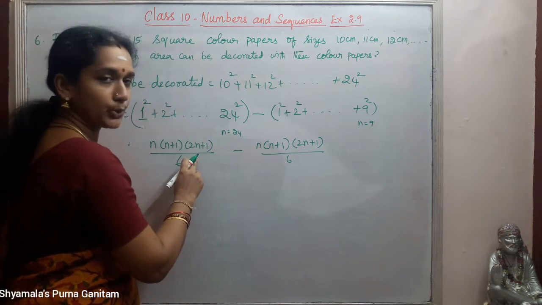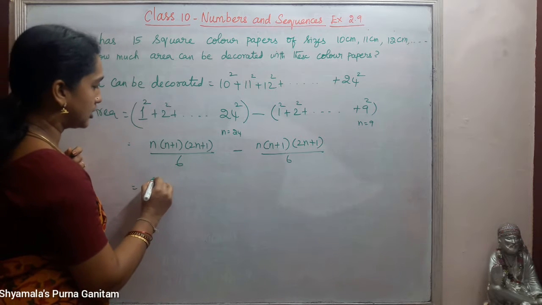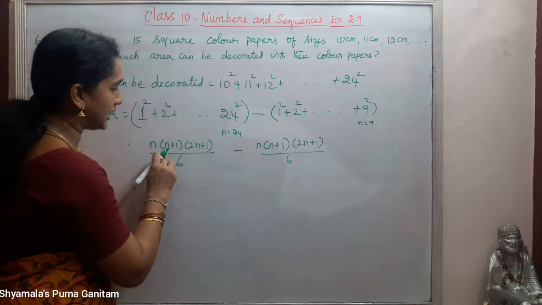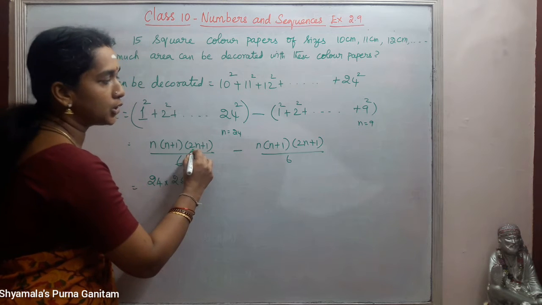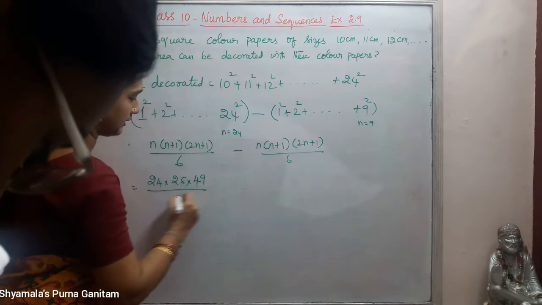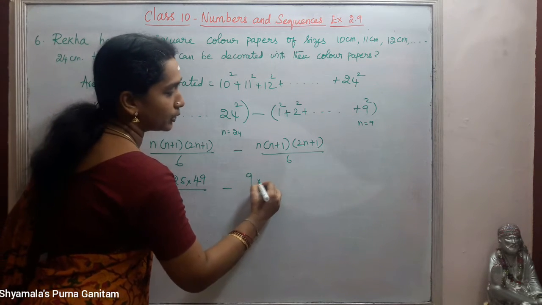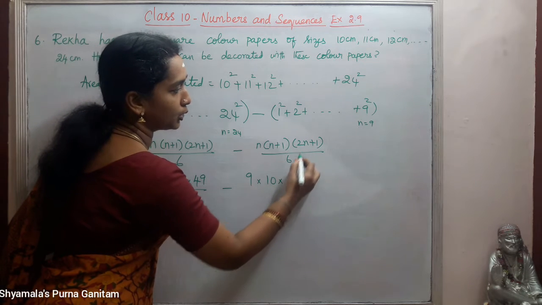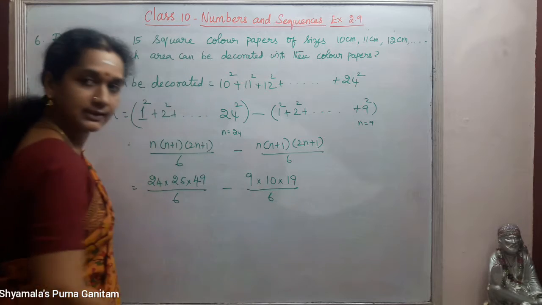Here n is equal to 24, here n is equal to 9. Okay, so here 24 into 24 plus 1, 25, into 24 into 2 is 48, 48 plus 1, 49, by 6, minus 9 into 9 plus 1, 10, into 9 twos are 18 plus 1, 19, by 6.